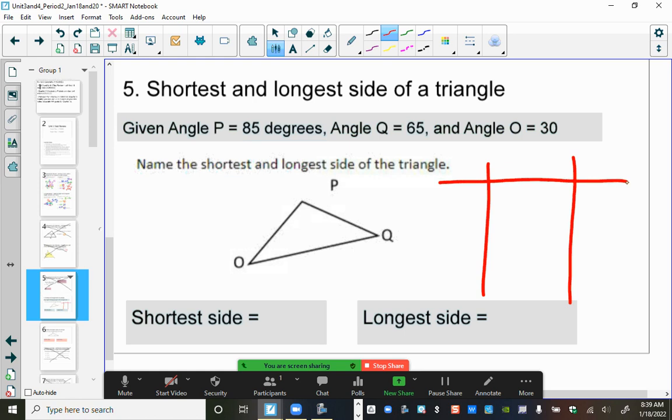You measure. In this case, what did they give us? Did they give us side measures or angle measures? Look on the top. We got sides or angles. Top row here, they gave us angle measures.